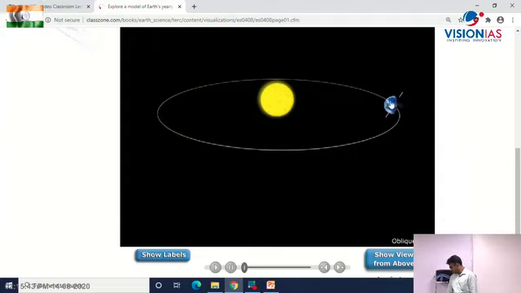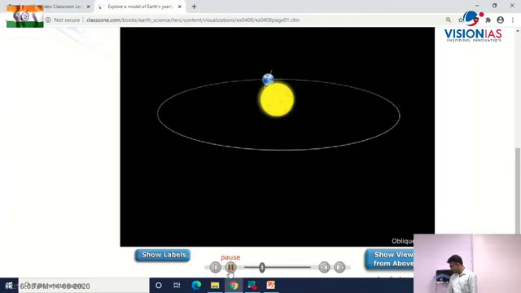Can you see the northern hemisphere is away from the sun, and you can also see the exposed part, the bright part, it is away from the sun, and this southern hemisphere is towards the sun. So here we have the summer, here we have winter, and as the earth moves there is no change in the axis, there is no change in the tilt, it comes as it is.